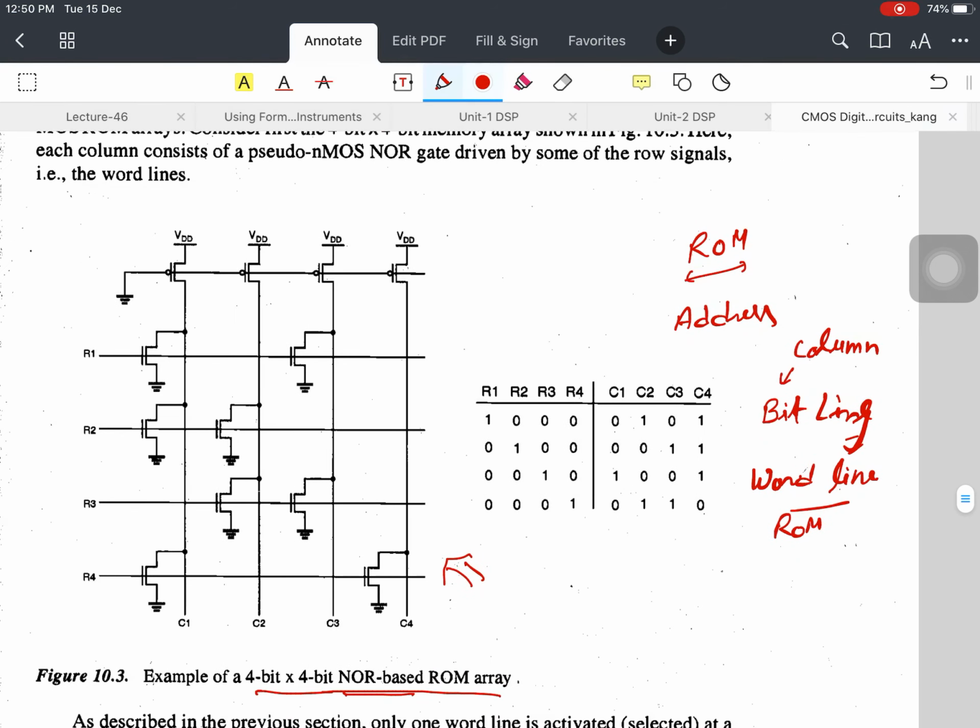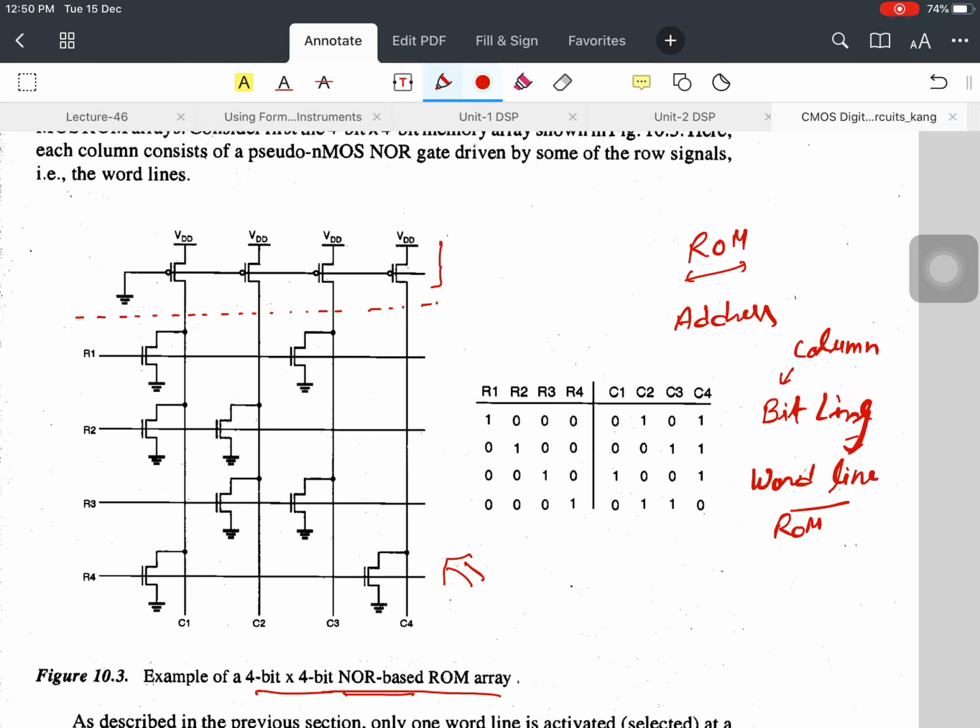Now, what is happening, and how is it selecting the particular values? We will discuss this. You can see over here the pull up network. This pull up network is the PMOS type structure.